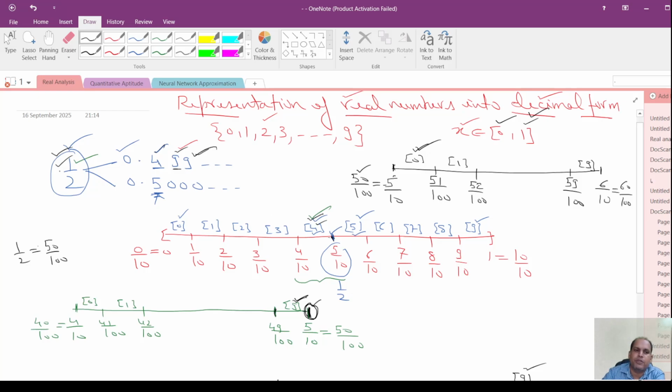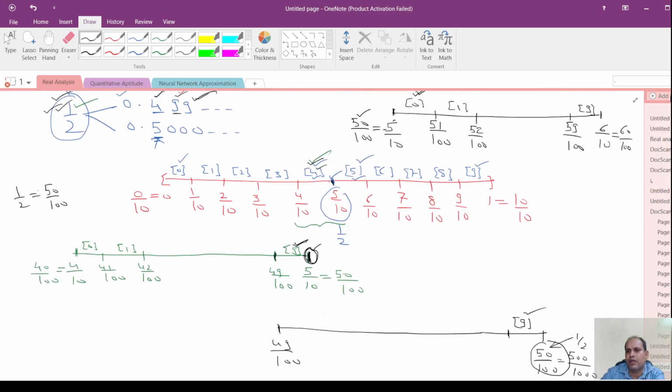So, this is the representation of half, but each of these is a series. We can write them in series form, and later on we will see that both series converge to half. Let me do it again on the next page.